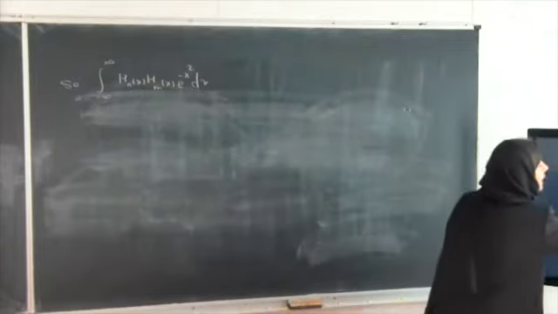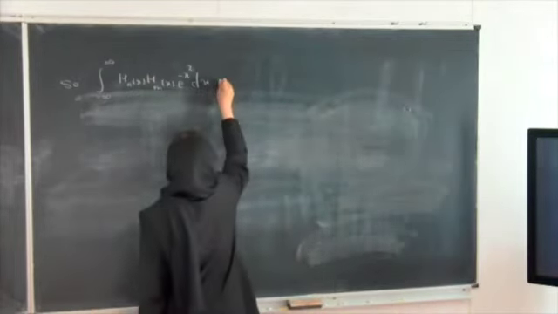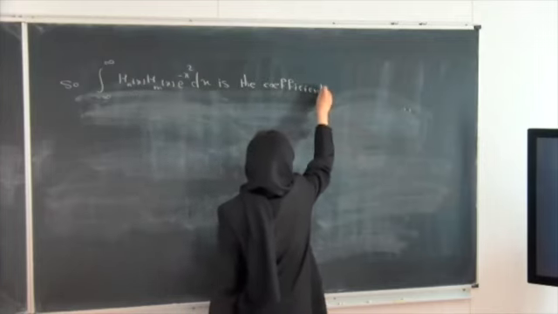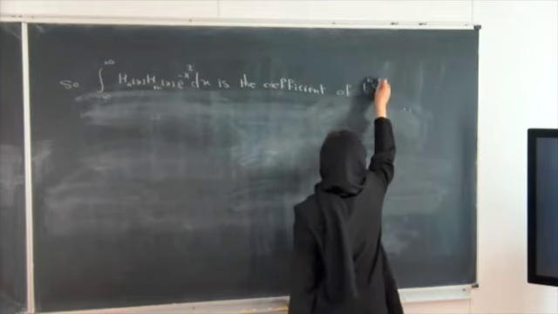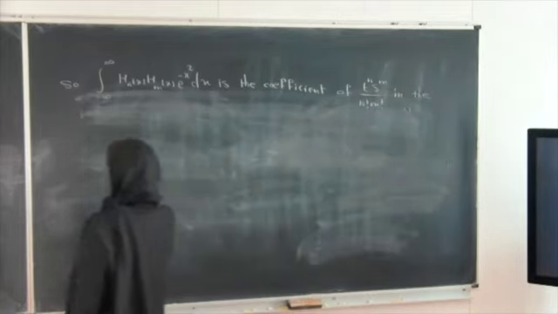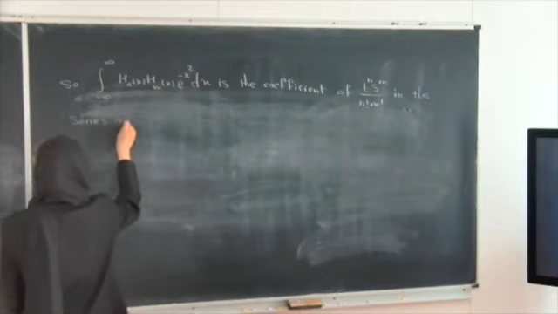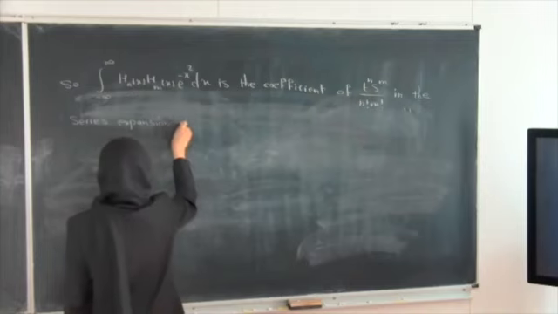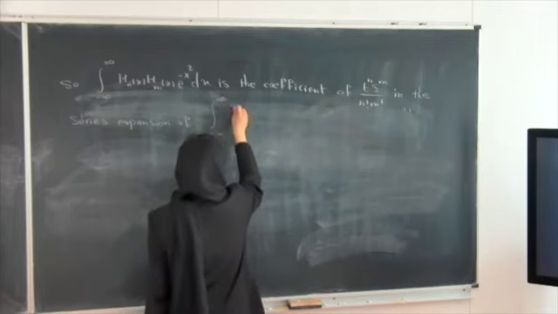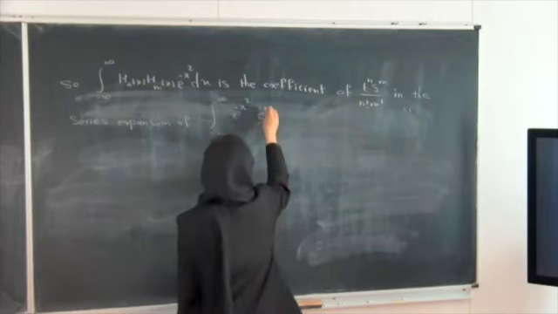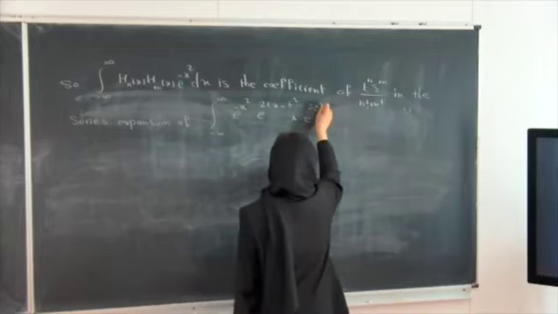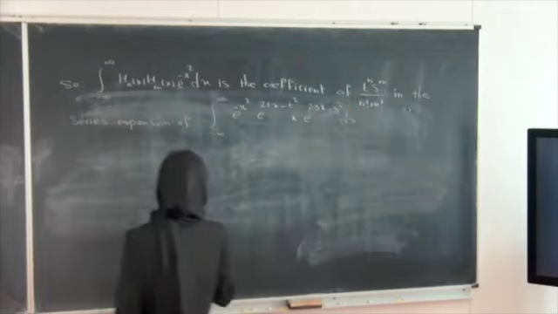You can see I want to find this term of this integral: the integral of e to the minus x² times e to the 2tx minus t² times e to the 2sx minus s² dx.